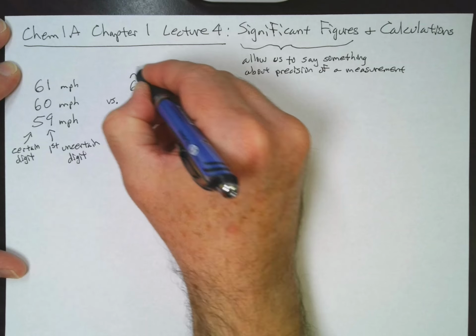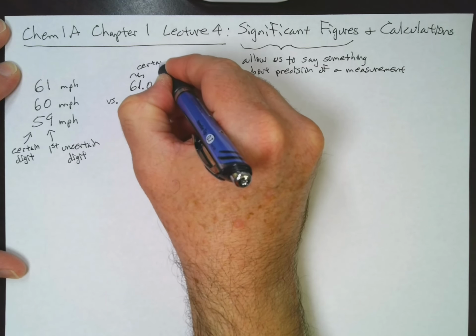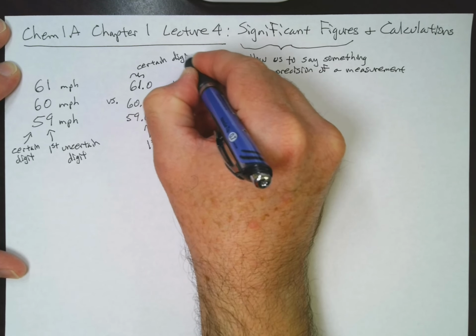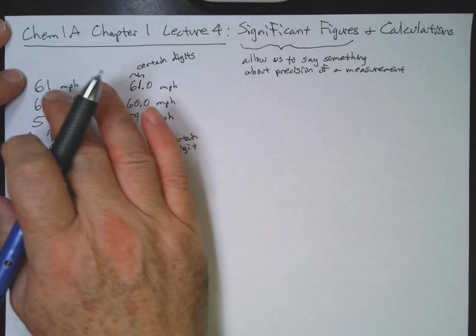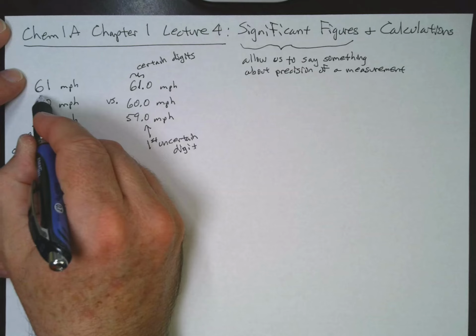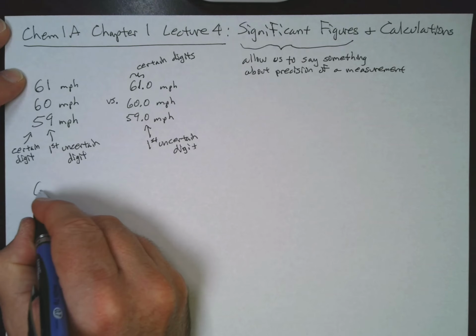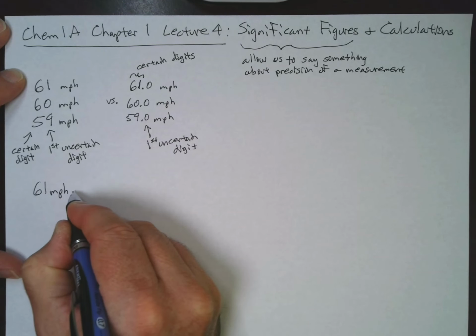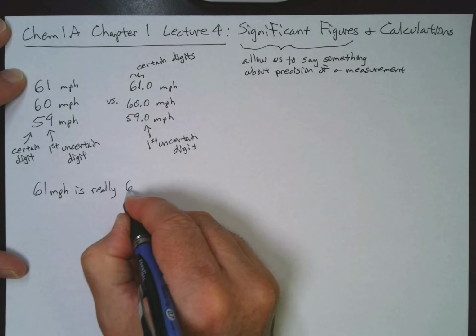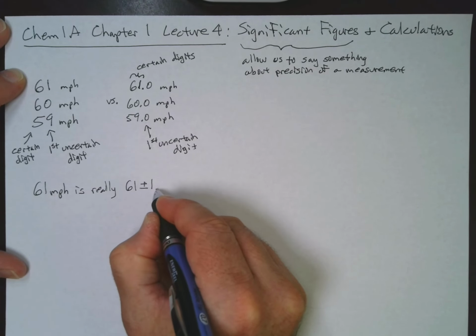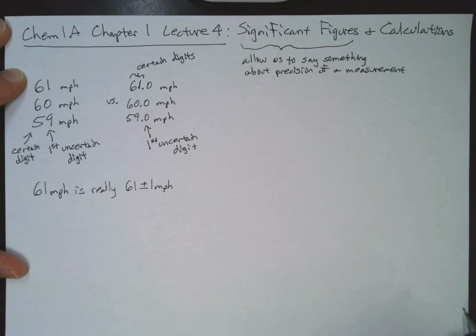And these guys are certain. So what we're really saying is that when we say we have a measurement of 61 miles per hour, 61 miles per hour is really 61 plus or minus 1 mile per hour.